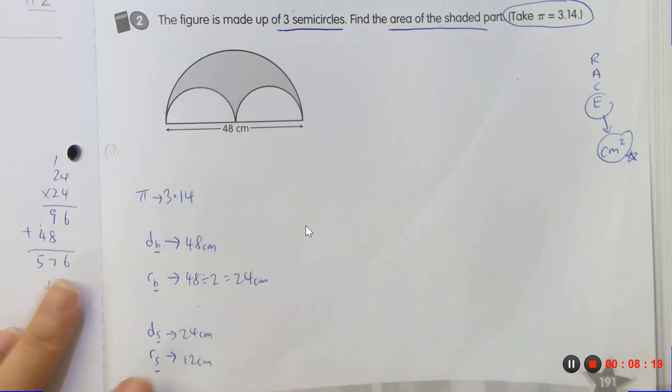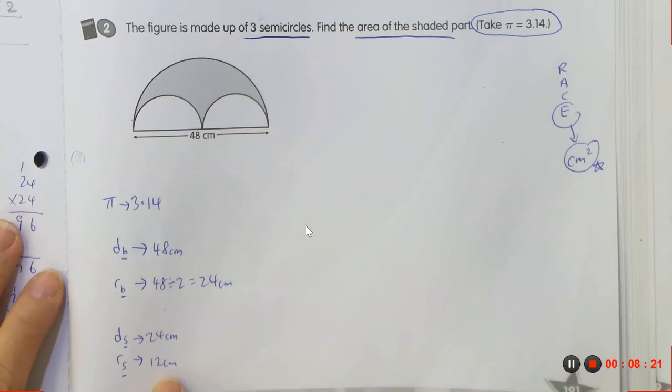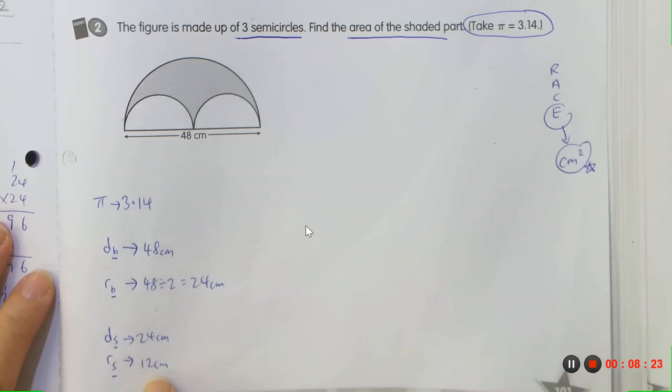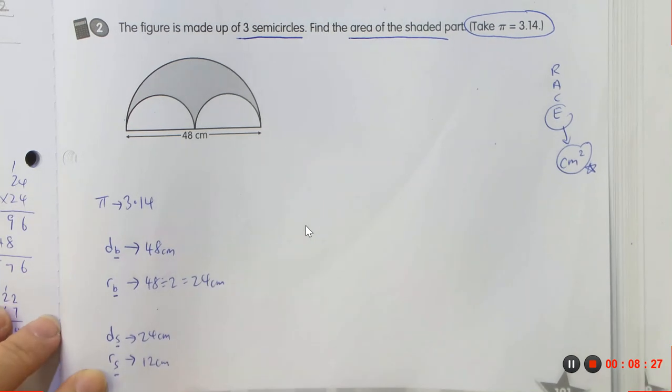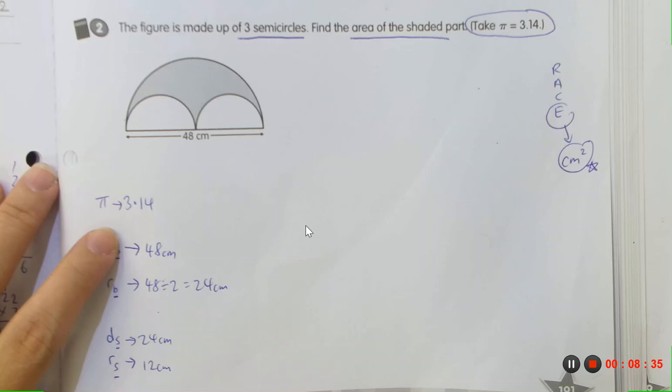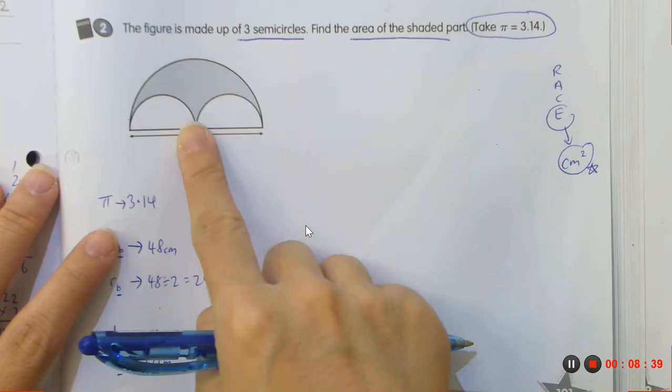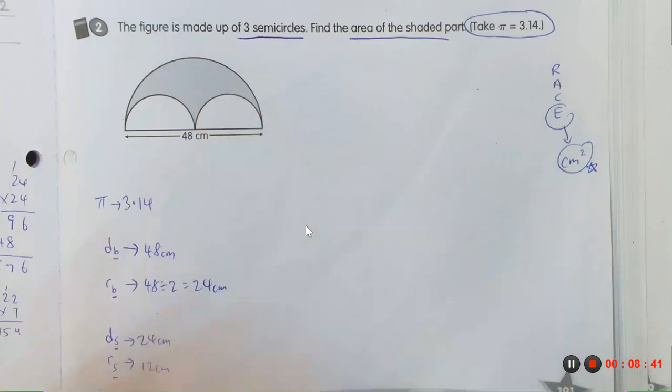Now, I have been emphasizing writing notes since last year for you to pay attention to what measurements you are going to use. I have to solve the area of the shaded part. In this question, the shaded part is here.